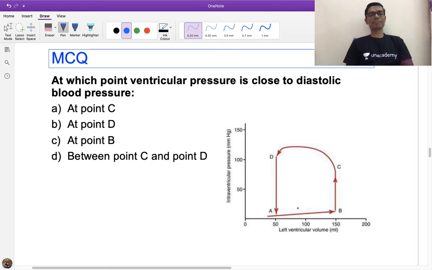Next question I am going to. This question has already been asked in the NEET exam. At which point is ventricular pressure close to diastolic blood pressure? Ventricular pressure is close to diastolic blood pressure. What is your answer? Guess or give the correct answer.